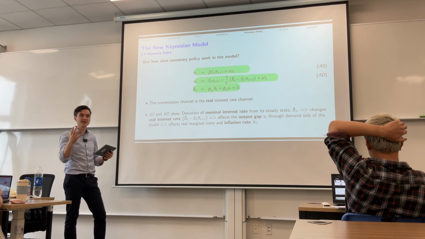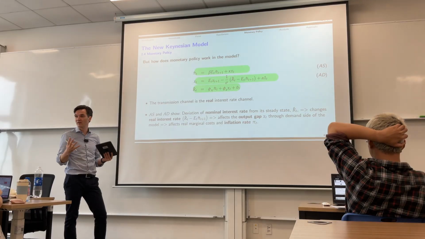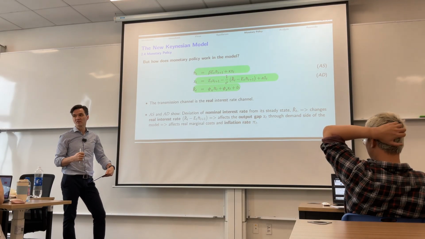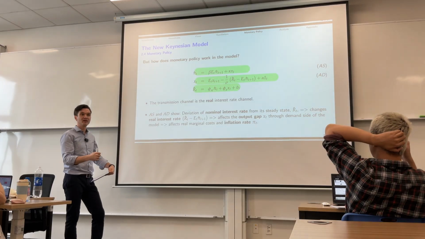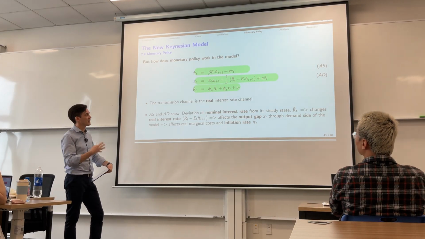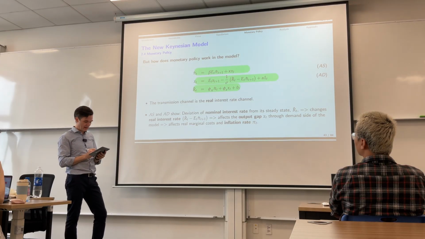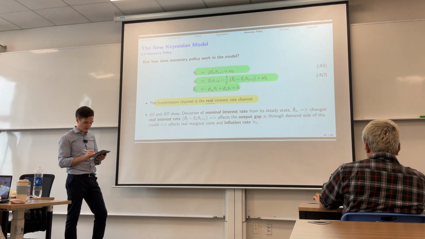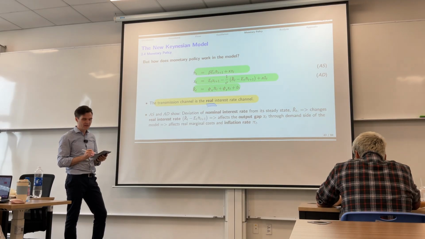But that's just the data. We don't know what really drives this. The model has the advantage of telling us, when the central bank cuts the rate, why does economic activity go up? And the important element in this model is the so-called real interest rate channel. It's really the real interest rate.